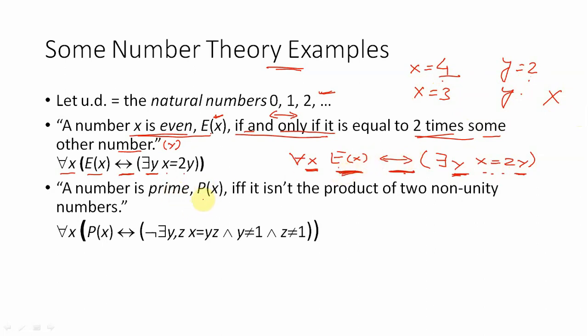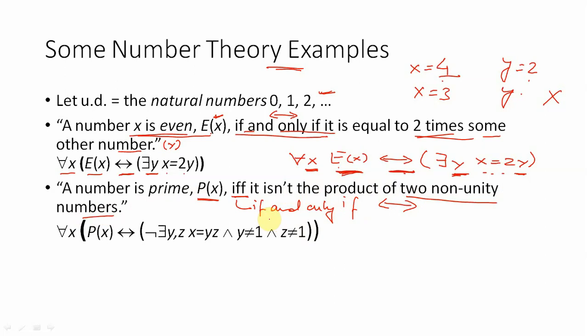A number is prime, defined by the predicate P of x, IFF means if and only if, which is the biconditional, if it is not the product of two non-unity numbers. What it means is a number is prime if it is a product of two numbers, then one of them must be 1.